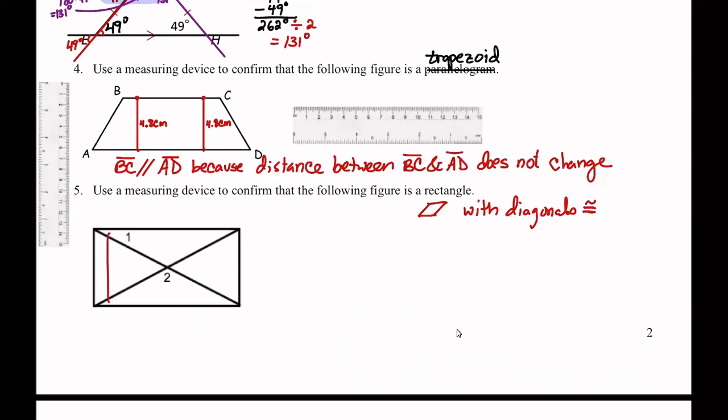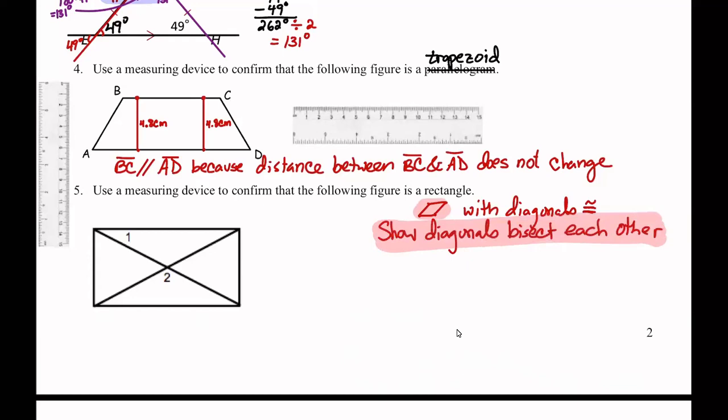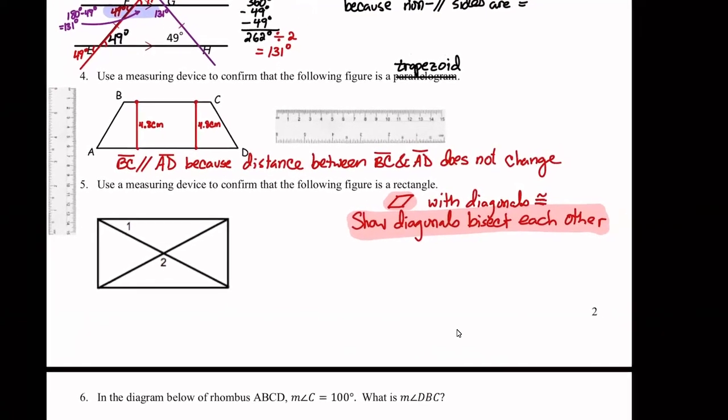So instead of showing that all of these distances are the same and all the distances going the other way are the same, what I can do is show diagonals bisect each other. That would demonstrate that it's a parallelogram. And then once I've done that, now I know it's a parallelogram.